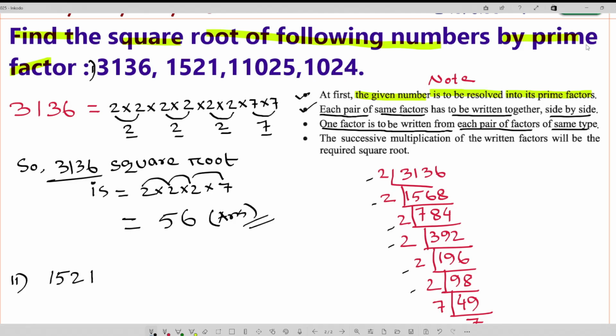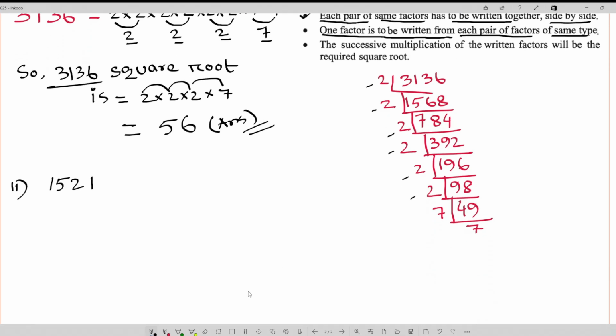So first we have to try whether it is possible to divide by 3, because 3 is also a prime number. 1521 divided by 3, the result is 507, right? This is also an odd number, so we can divide by 3. So it will become 169.